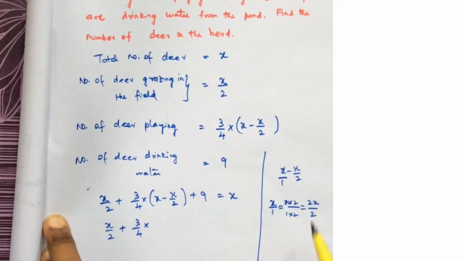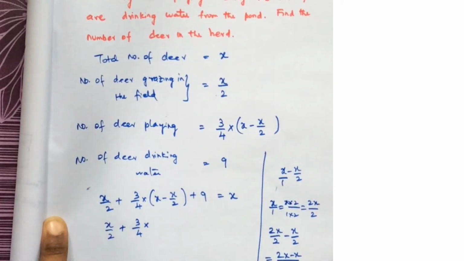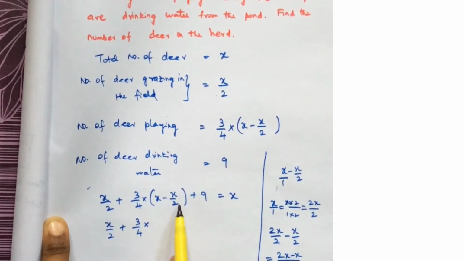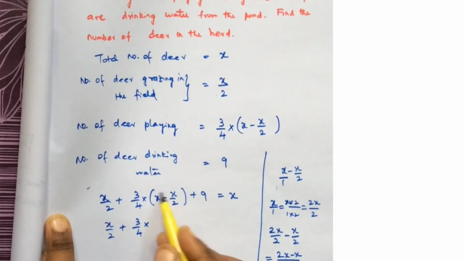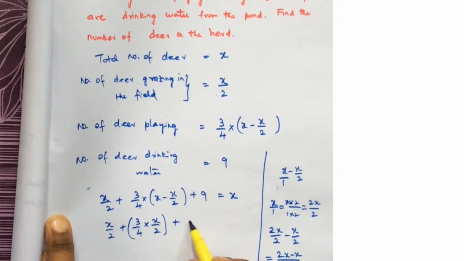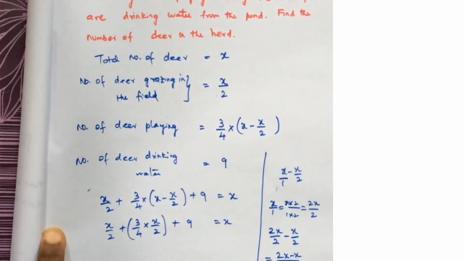Instead of x by 1, I can write 2x by 2. 2x by 2 minus x by 2 is 2x minus x by 2, that is x by 2. So x minus x by 2 is x by 2, that is simply 1 minus half, which is half. That is another way you can write it directly. So, instead of this term, I am writing x by 2. This is one term plus 9, that is equal to x.